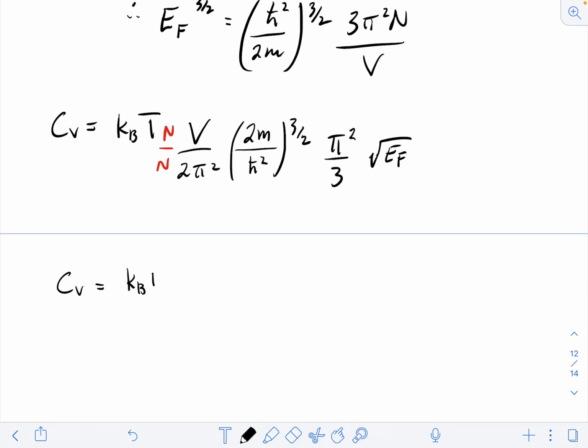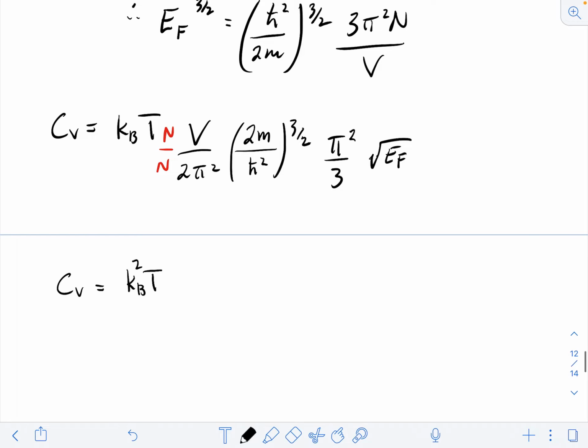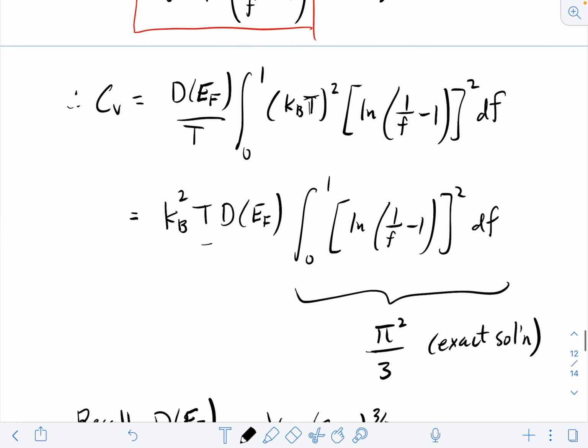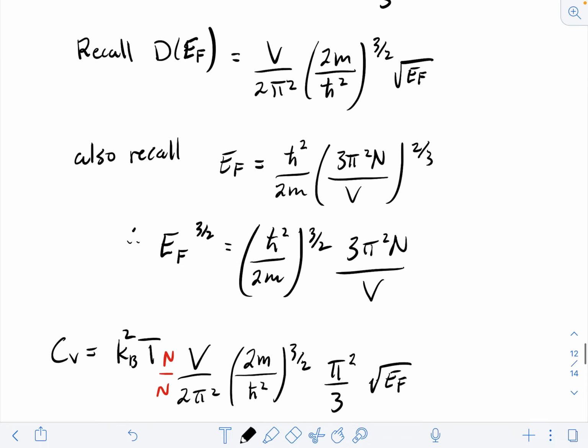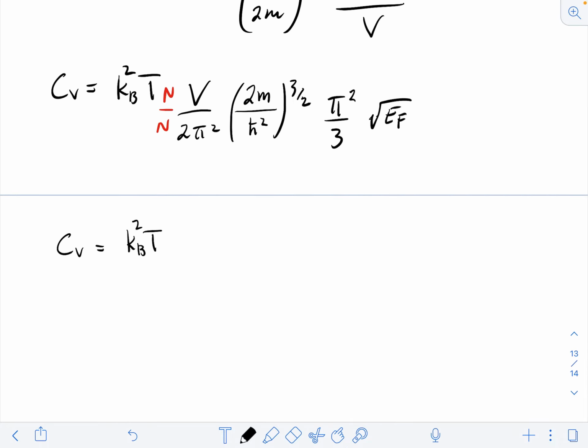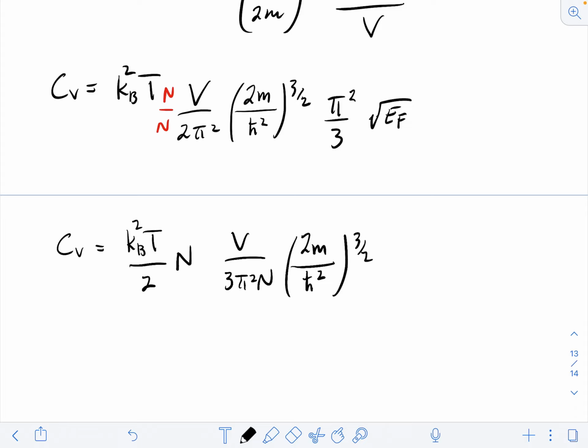So that we can write CV is equal to kB squared. It's kB squared here, so I missed that square. So kB squared T, and then we have a factor of 1/2, which we'll write, and then a factor of n in the numerator, and then we have V. We have a 3 pi squared and a 1 over n, and then we have the 2m over h bar squared to the 3 halves.